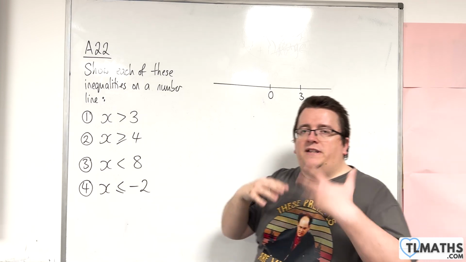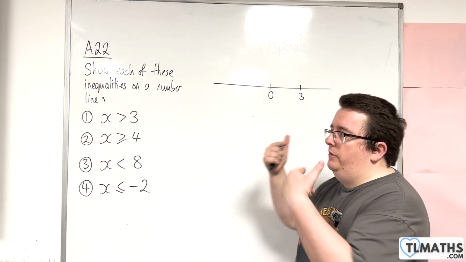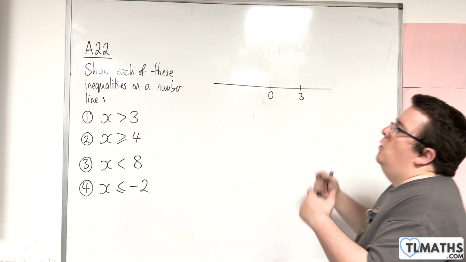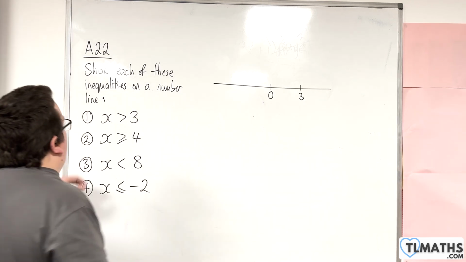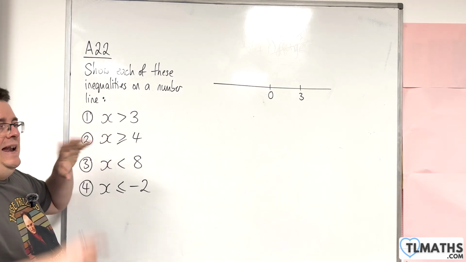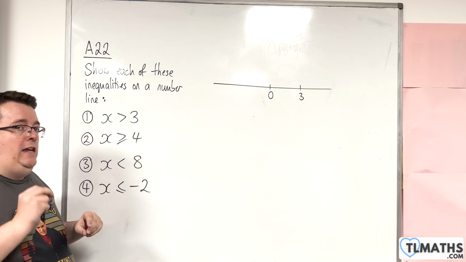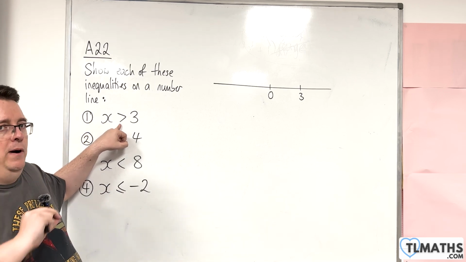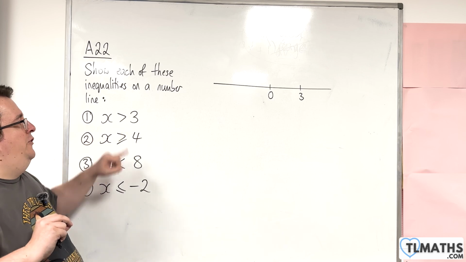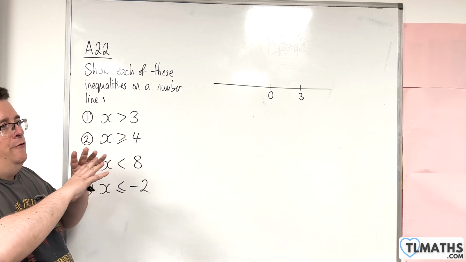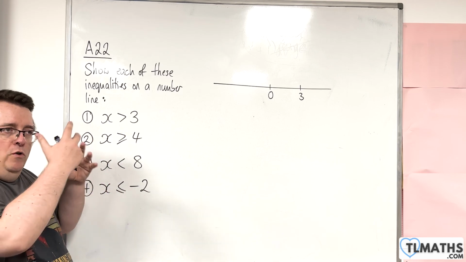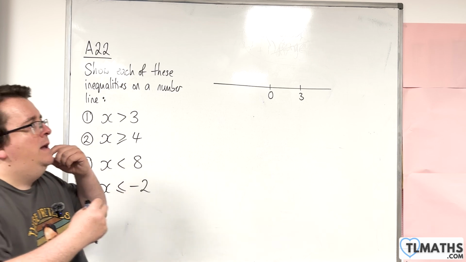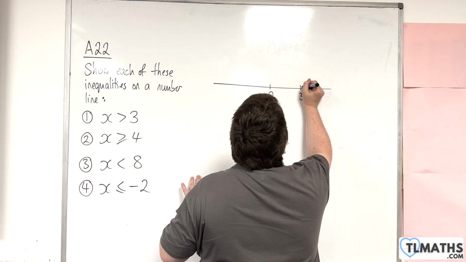If I want to identify that x needs to be greater than 3, what you need to be clear on is that this means x is anything larger than 3 but not equal to 3. Okay? X equals 3 is not part of that inequality. So the way we visualize and interpret, right, we're not including 3, is we use a hollow dot.